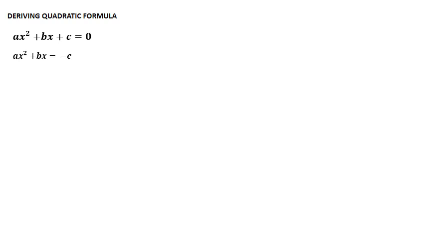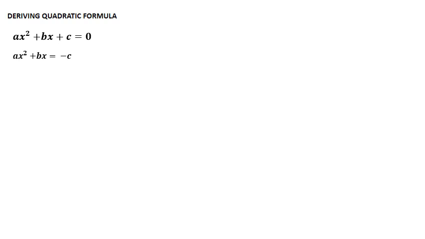From here we are supposed to make the expression we have on the left hand side a perfect square. To do so, we need to reduce the coefficient of x squared to 1. In this case, a is greater than 1, and therefore a is not equal to 1. So we divide by a throughout the equation.